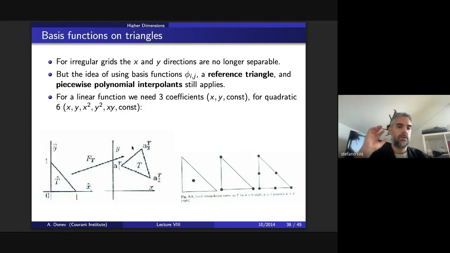But what you can do is still design interpolation for the reference triangle. And for the reference triangle, you can choose a little bit what you're trying to interpolate, right? So for example, you could try to have a triangle around a node point, or you could put the node points at the edge, or you can try to be even more efficient and add, in this case, for example, 6 interpolation points with a triangle, right?